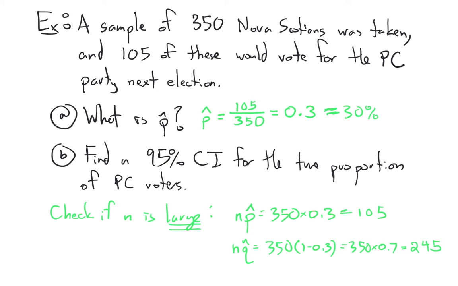Really, another way to think about this check, this n times p hat and n times q hat, is there's not less than 15 observations in each category, either success or failure. Here there are 105 successes and 245 failures, so our sample size is definitely big enough so that our sampling distribution will be approximately normal.